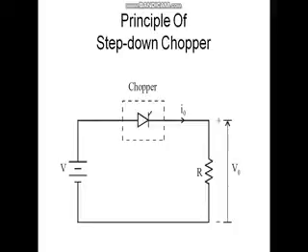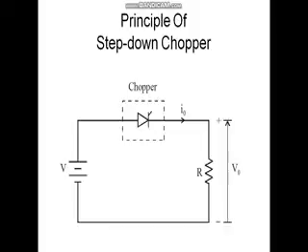This is the basic circuit for a step down chopper. The chopper is nothing but a semiconductor switch. The input voltage is DC, because it converts fixed DC voltage into variable DC. The basic chopper circuit consists of a semiconducting device.